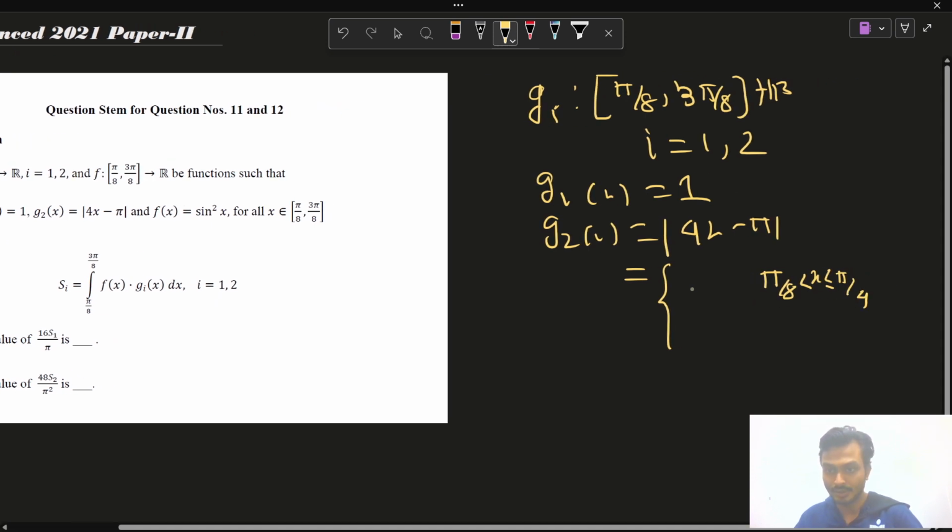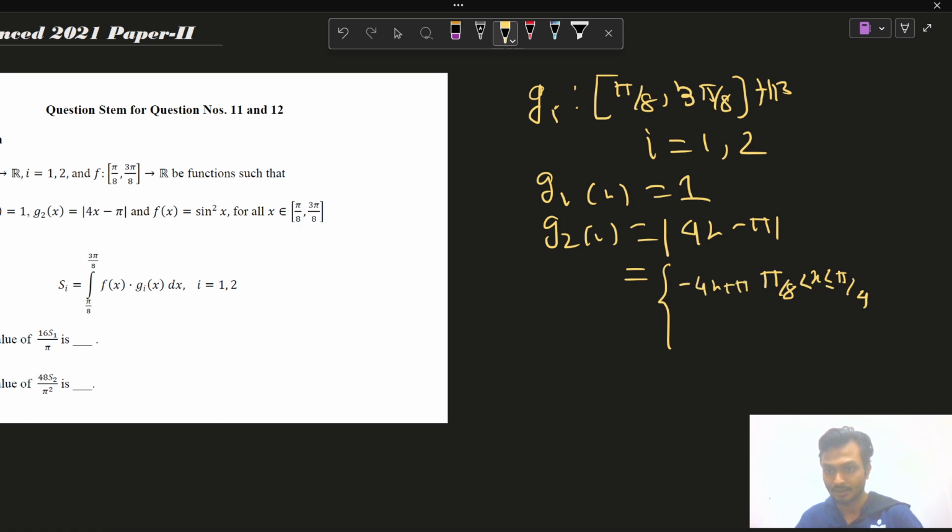This will be minus 4x plus pi, and when pi by 4 is less than x, less than or equal to 3 pi by 8, then this will be 4x minus pi.